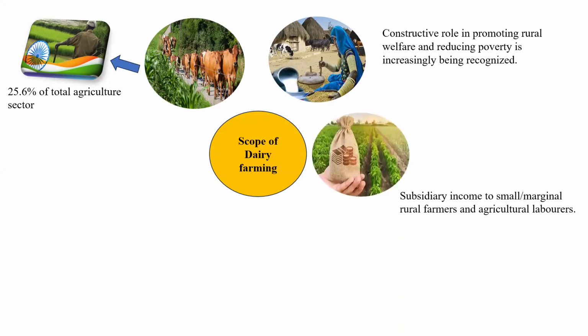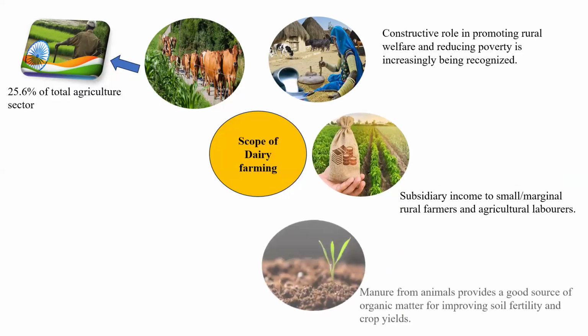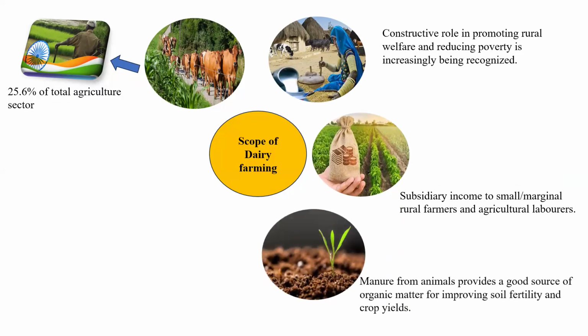And the next scope is that it provides subsidiary income for rural farmers and agricultural laborers, followed by the manure obtained from the cows, meaning the dung, which acts as a source of organic matter. It is also a biological fertilizer which improves soil fertility in the crop fields.